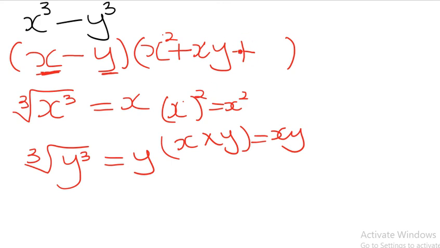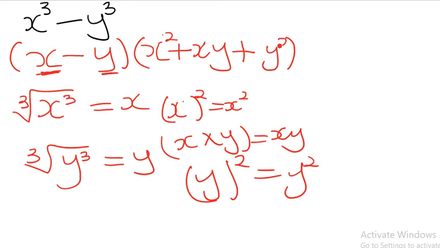You don't have to stress much about it because you know it's always positive. It does not change. You should not change it. To get the last term, we need to square y, so when we square y, we will get y squared.